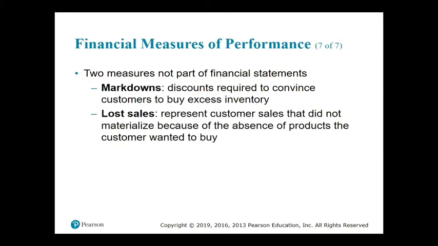So basically, they don't show up on financial statement because they're not actually the money received from sales, but they are sort of a measure of the opportunity that's lost. Right, so markdowns measure the amount of money that you lost from selling your product at a discount, and lost sales represent a missed opportunity from having more product in stock.